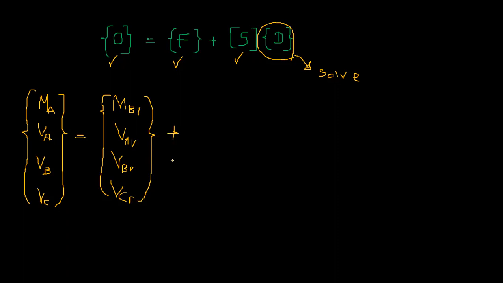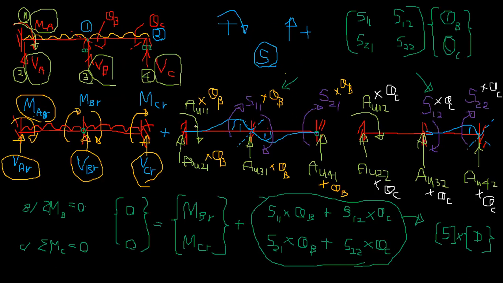Now these actions, these were the AU11, the action unit. The unit actions were for a unit rotation. So that means the actual action will be the AU multiplied by the actual displacement. In here, it is the displacement theta B, right?